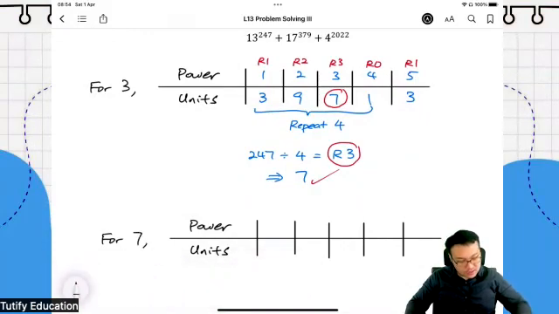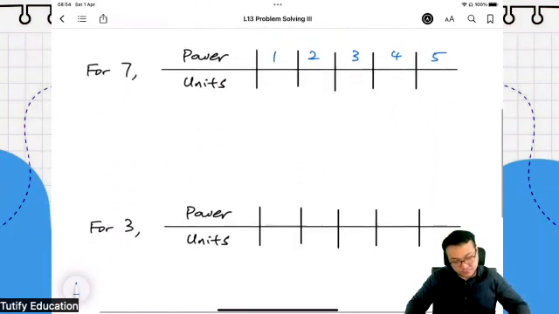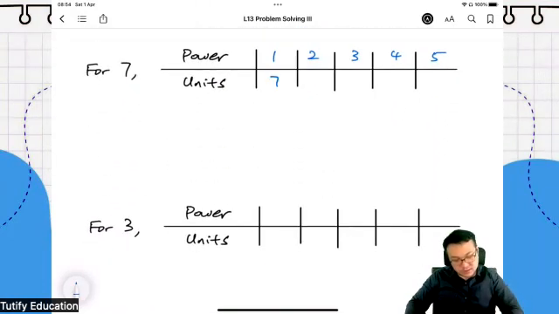So let's just care about the number 7. Power 1, power 2, power 3, power 4, power 5. 7 to the power of 1 equals 7. Then you times 7 again. 7 times 7 is 49, right? Should I write 49? No. What should I write? You're right. Only 9. You only care about the last digit.